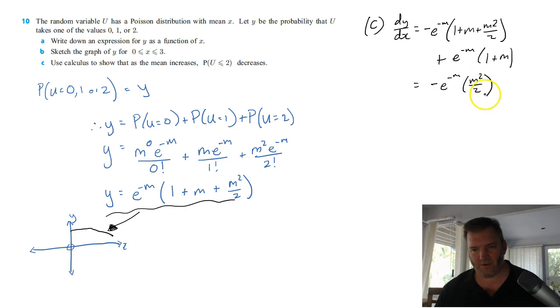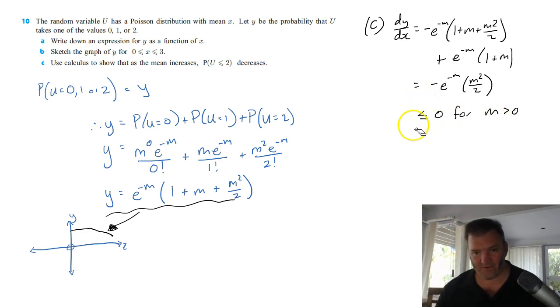What do we know about that? This is always less than or equal to 0 for m greater than 0. And in fact, it's always less than 0 for m greater than 0; I don't even need the equal.